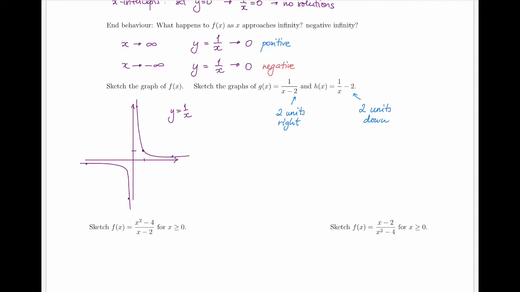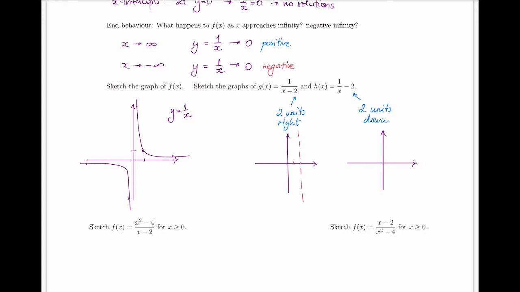So for 2 quick sketches here, let's take a look at what it means to shift everything down and everything to the right. So shifting everything to the right means that the asymptote will also shift 2 units to the right.